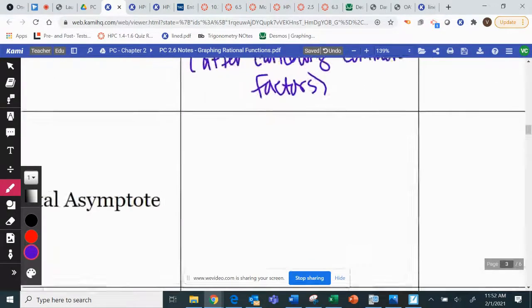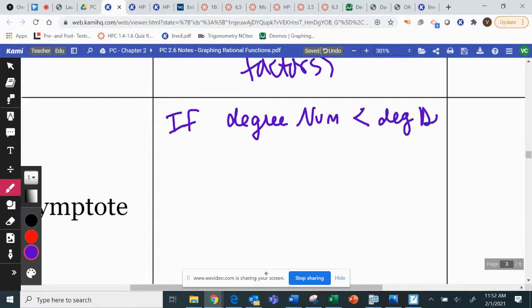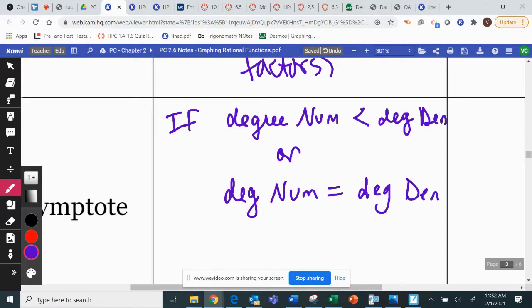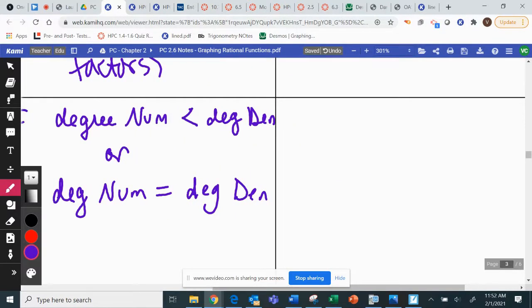Horizontal asymptote. How would we know there is one? If the degree of the numerator is less than the degree of the denominator, or if the degree of the numerator is equal to the degree of the denominator, we will have a horizontal asymptote. And then how would we find it?